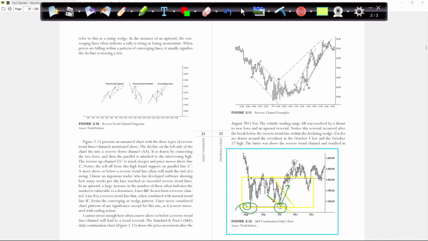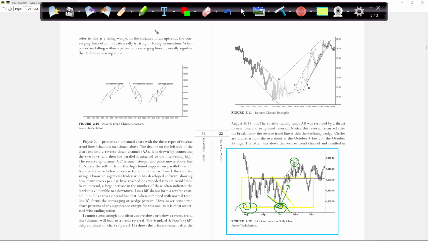Break below this reverse trend line within the declining wedge. Circles are drawn around the overshoot. This is the overshoot at the October 4th low and the October 27 high.